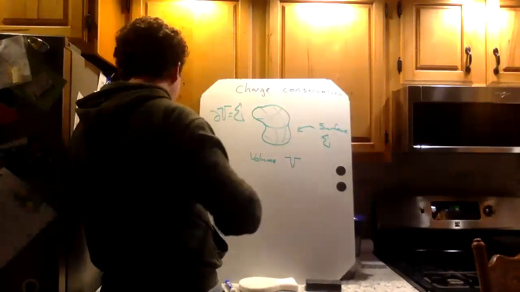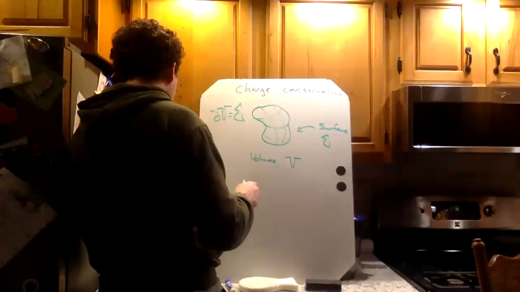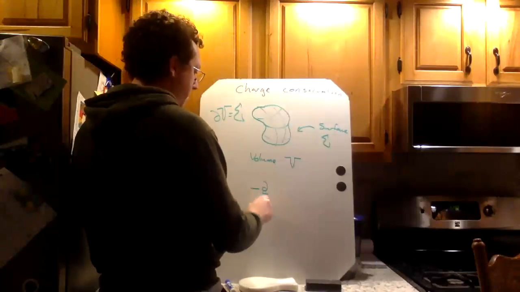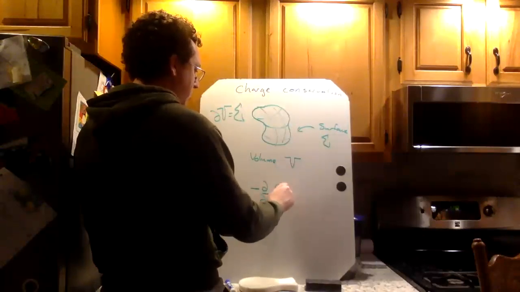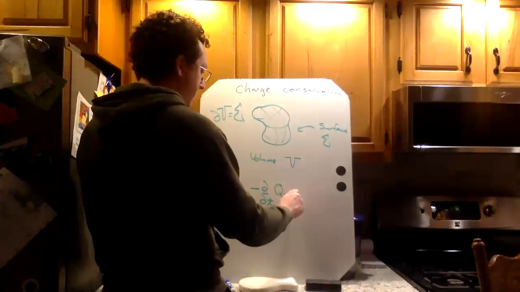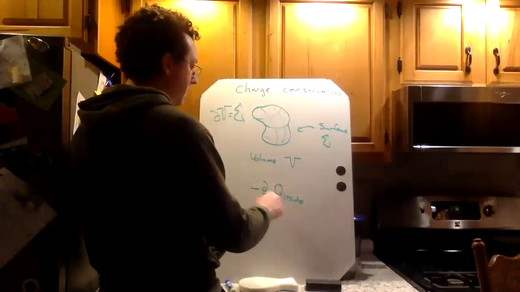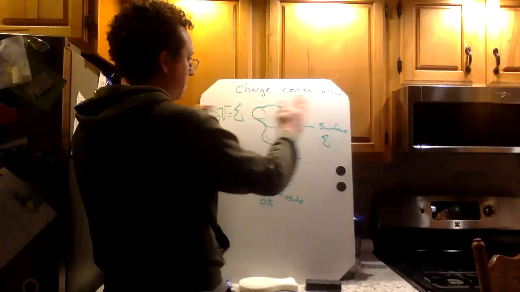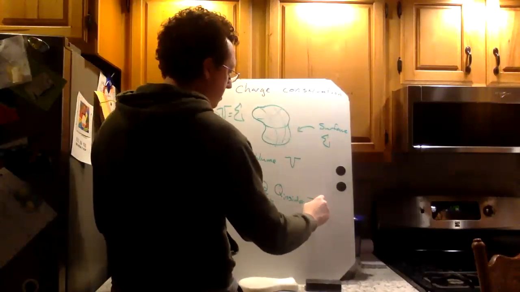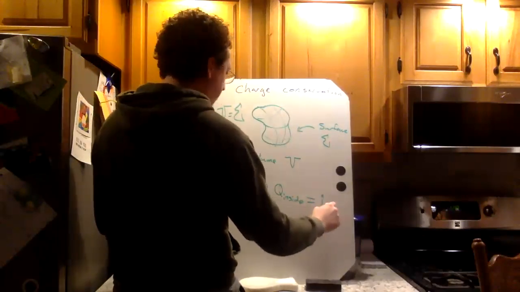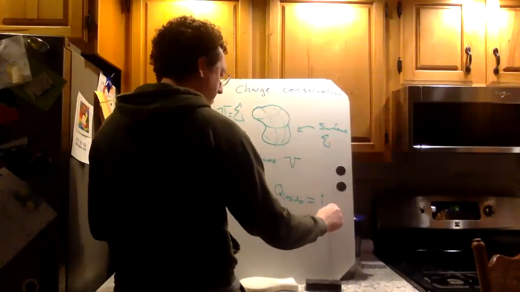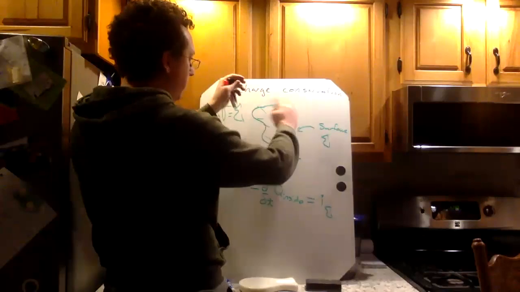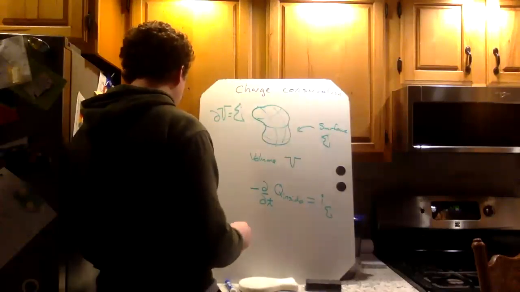So what we're going to say is that minus the time partial derivative of the charge on the inside, the time rate of change of the charge on the inside, and if you lose on the inside, that means you have positive current going outside. So that's going to be the current through the surface sigma. Usually people label the current through the surface like that.